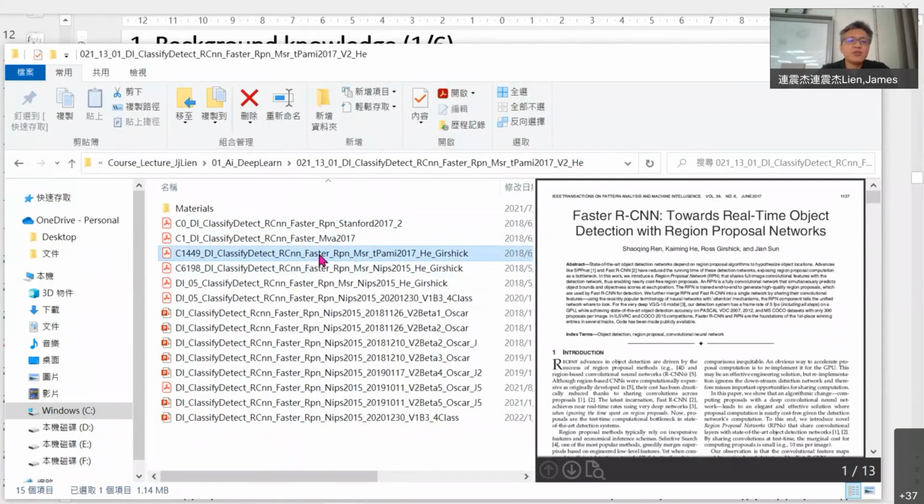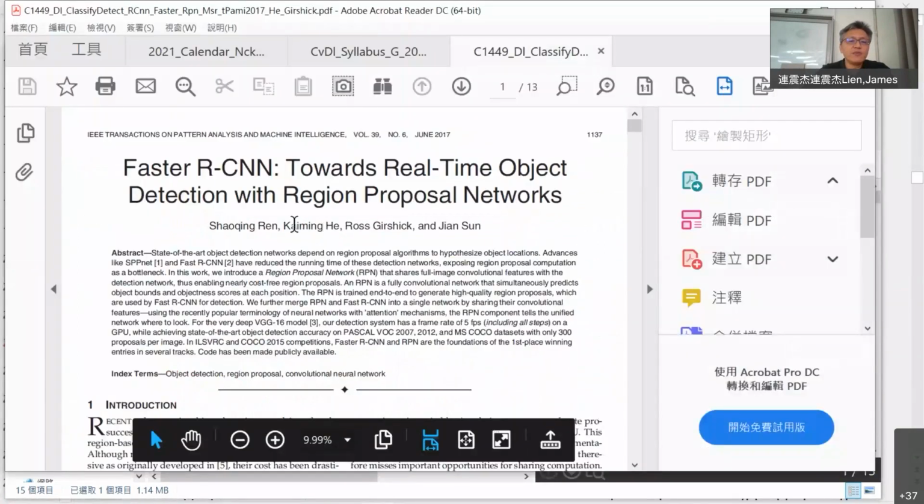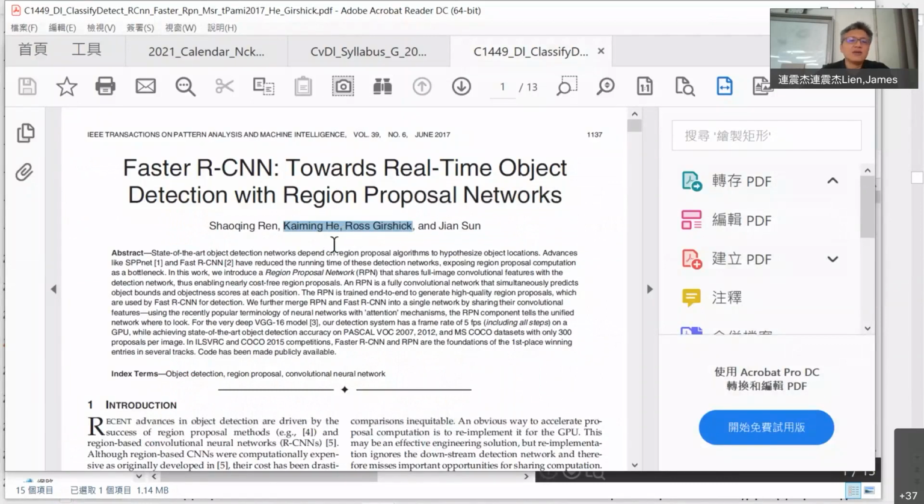Both authors are very famous. 这位是大陆人，做得非常好。另外两位那时候好像在 Microsoft，现在好像跑去 Google 了。We'll continue to talk about this in the next lecture.